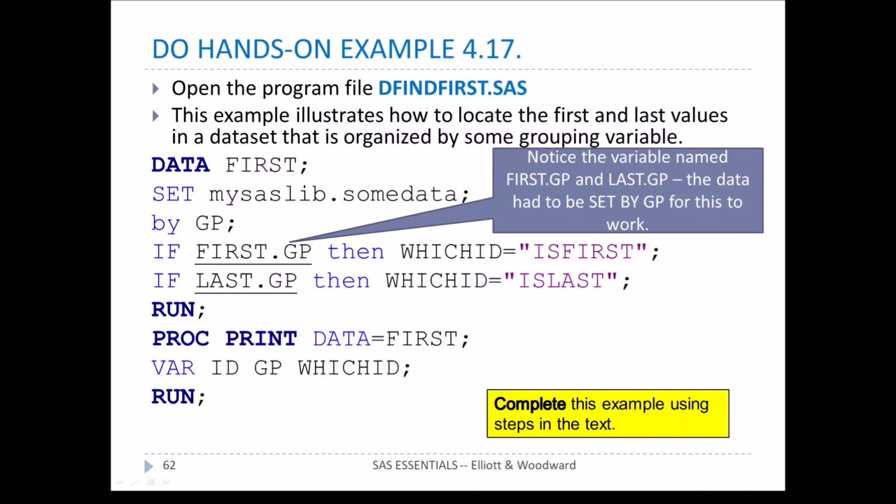So we're creating a new variable called which ID, and we're only assigning it the value is first if it's the first one. And if it's the last one, we're going to assign it is last. This is going to allow us to identify the first and last value within this variable called GP. And so I'm going to print out the results of the variables ID, GP, and which ID. And we'll see the results here.